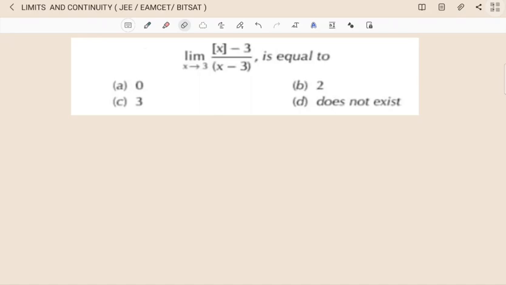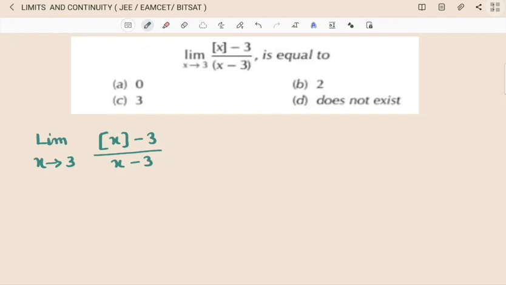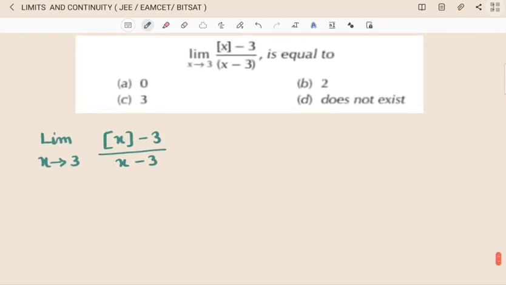So first I am considering here limit x tends to 3. The given limit is limit x tends to 3 step x minus 3 divided by x minus 3. This is the question. Now I am calculating to exist this limit, left hand limit we need to calculate and right hand limit we need to calculate.